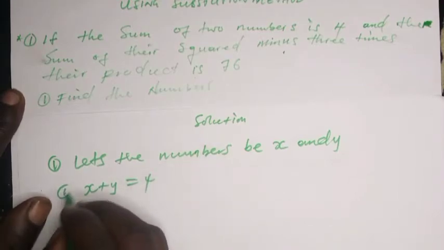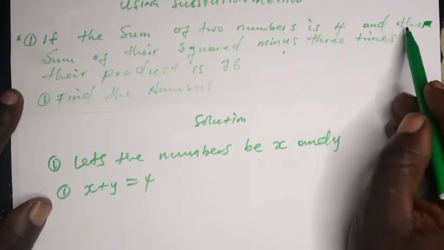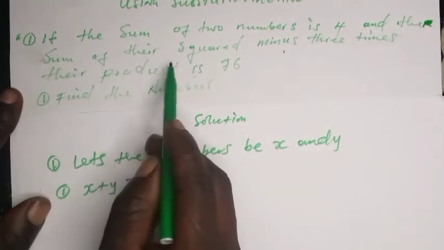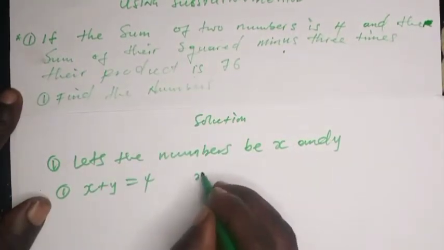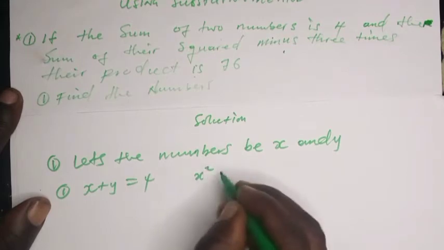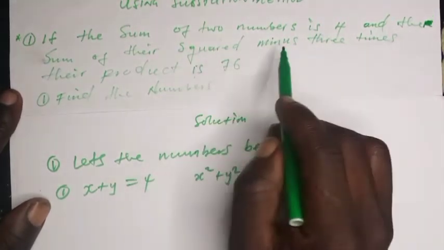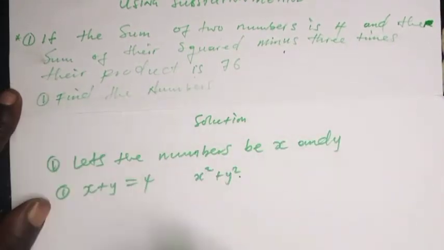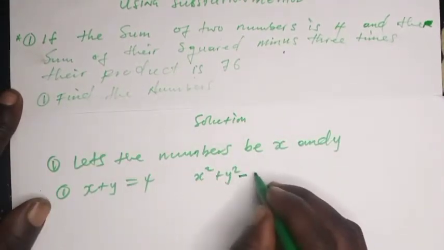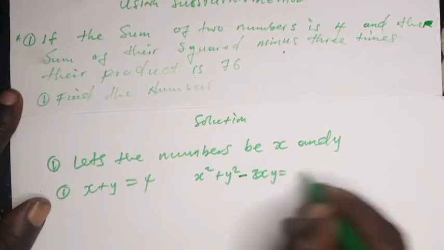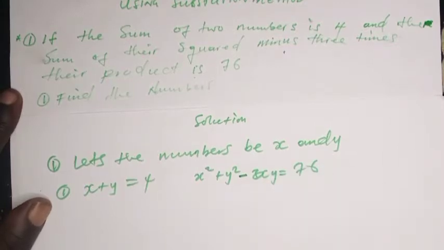This is the first equation. And they are also saying the sum of their squares, x squared plus y squared, minus 3xy equals 76.